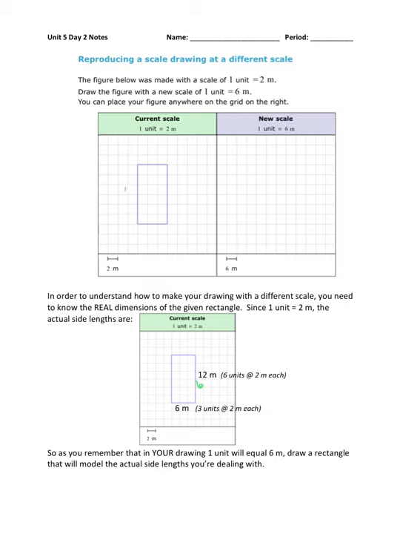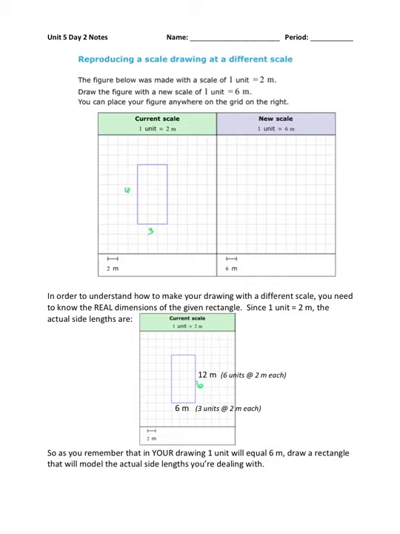I'm going to do 6 over here. And this is 3 units at 2 meters each is 6 meters. So you need the real scale. All righty? So now that you know the real scale, erase those words. You need to know the real measurements, not scale, real measurements, I apologize.